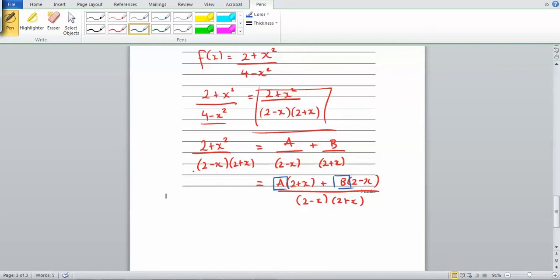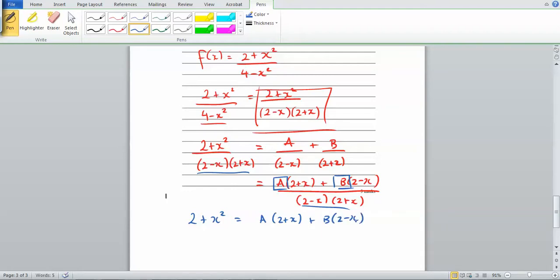Obviously the left-hand side is equal to the right-hand side. So essentially what we've got is 2 plus x squared is equal to a of 2 plus x plus b of 2 minus x. We're not too worried about the denominator for now.